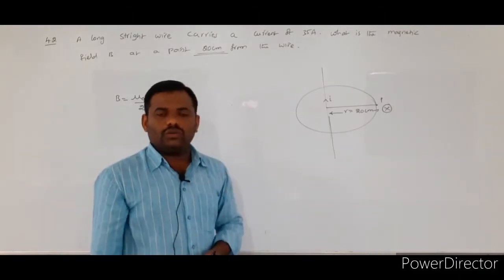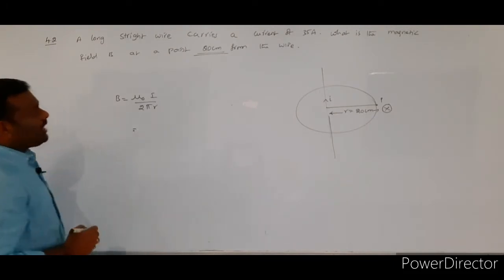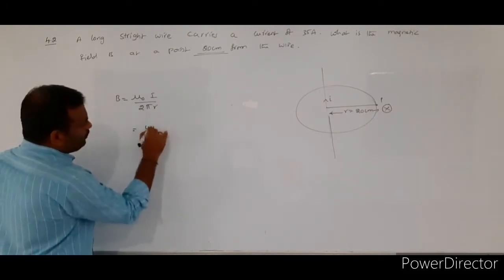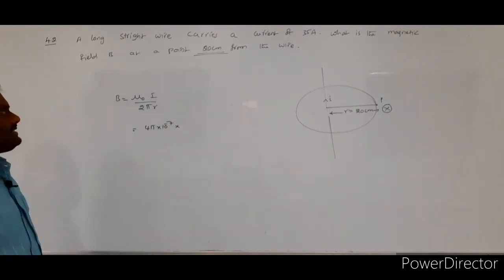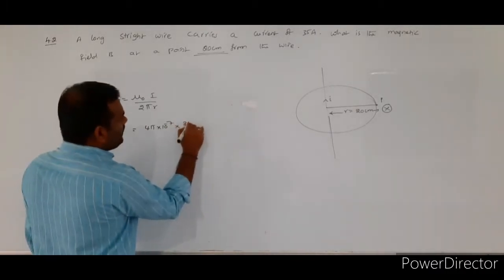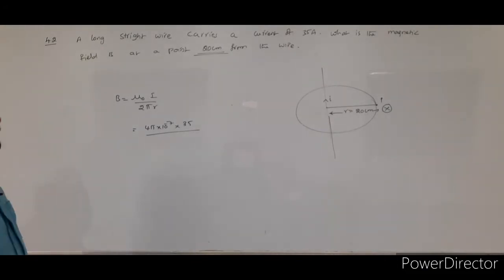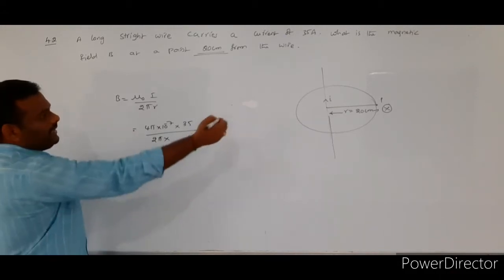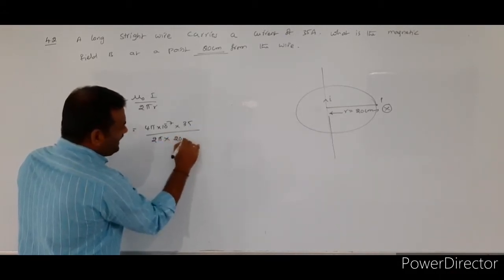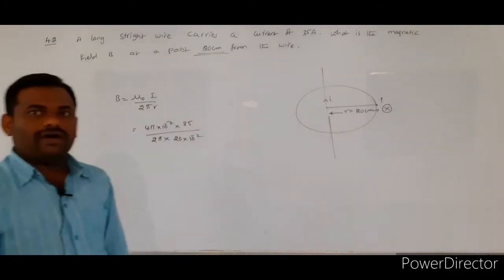Now coming to here, mu naught value is equal to how much? 4 pi into 10 power minus 7, and current value is mentioned as 35 amperes, and 2 pi means 2 pi only, and r is equal to how much they mentioned? 20 centimeters they mentioned, that is nothing but 20 into 10 power minus 2.